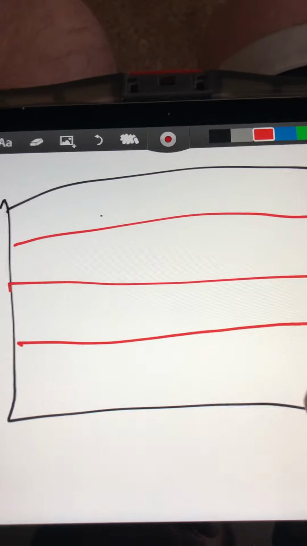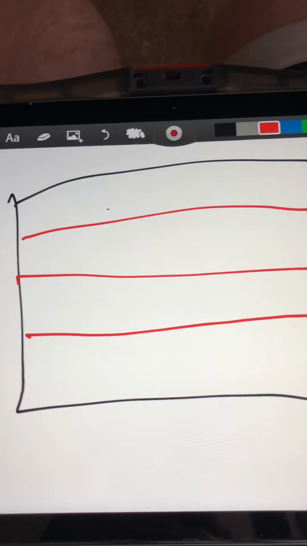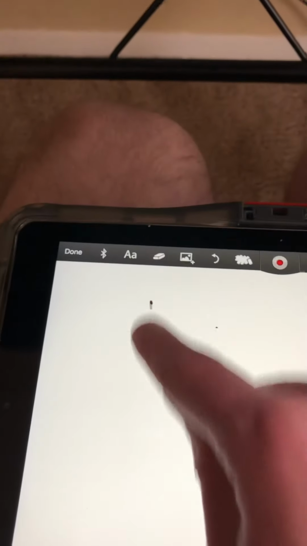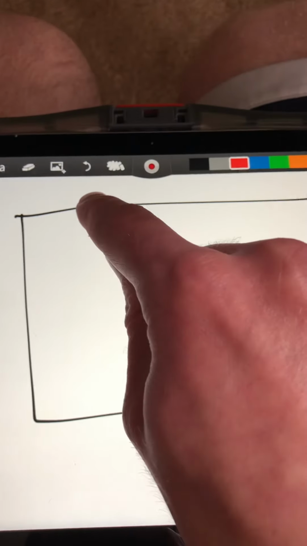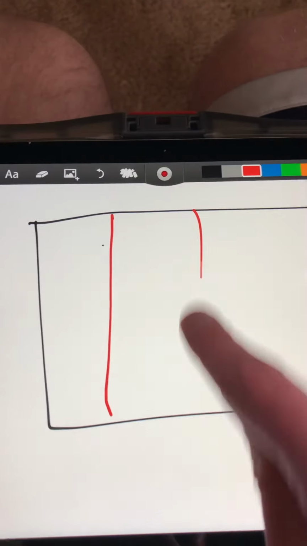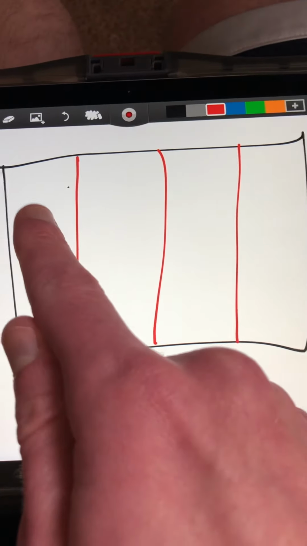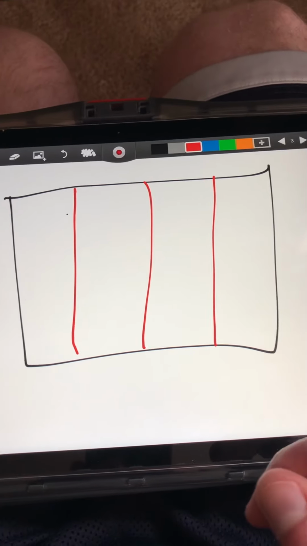I mean, my picture's not perfect, but ideally you'd have 1, 2, 3, 4 shares that are the same size. You could do the same thing, but going up and down with your lines. Again, my picture's not perfect, but you can hopefully see 4 equal shares. That's what I meant to draw.